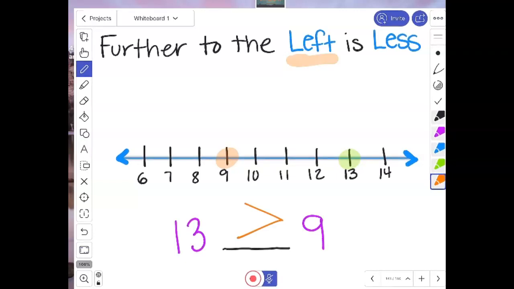Okay, you could say it's closer to 0 since we're working with positive numbers, but that won't always be true once you get into those negative numbers. So here's a super basic one. I could read this sentence, 13 is greater than 9. I could rewrite it as 9 is less than 13. And that's because 9 is further to the left on the number line.